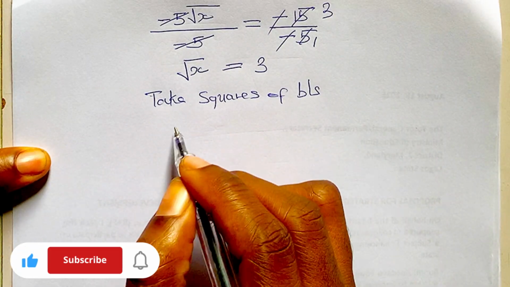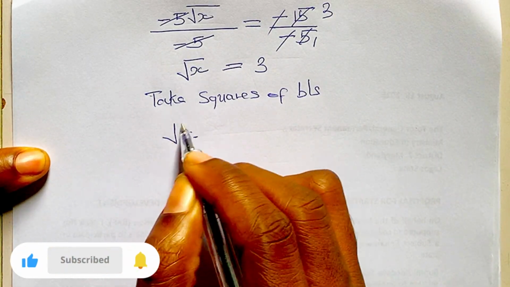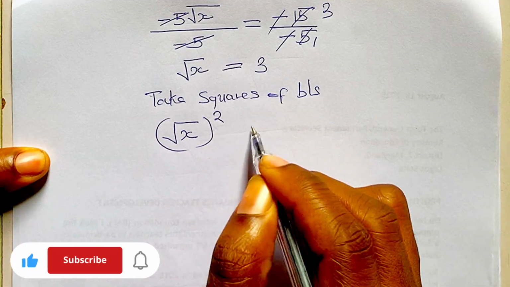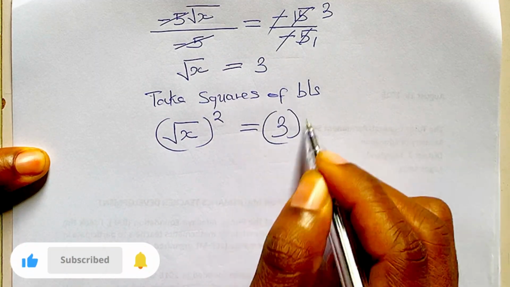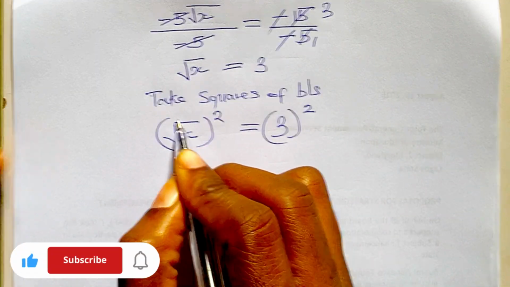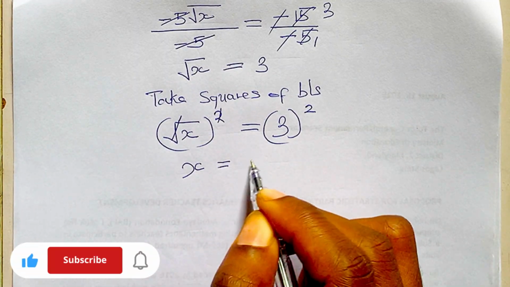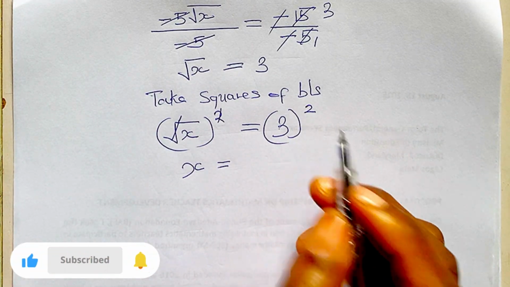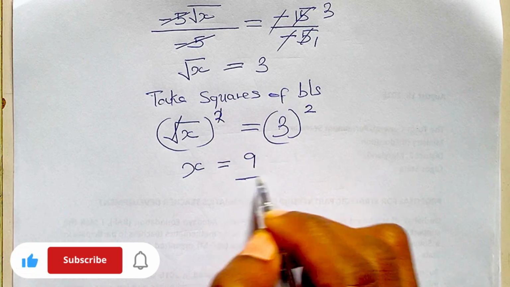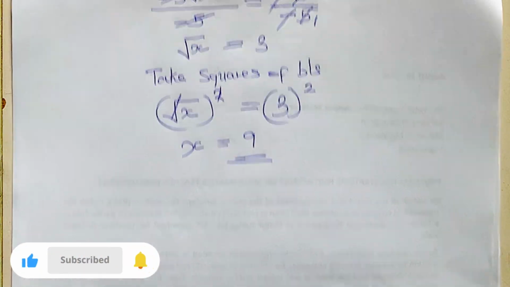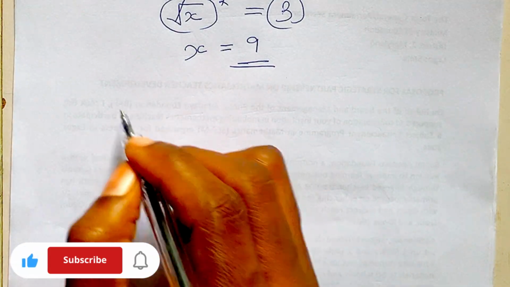When we do that, we have (√x)² equal to 3². The square will cancel out the square root, so x becomes 3 multiplied by 3, which is 9. This is our answer.